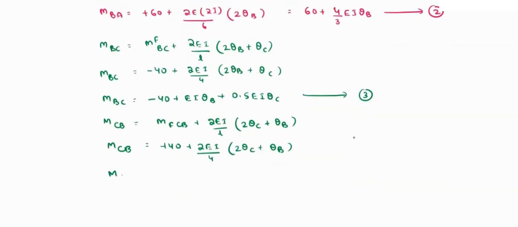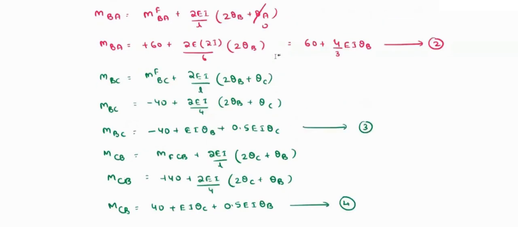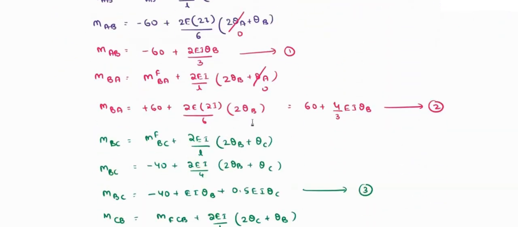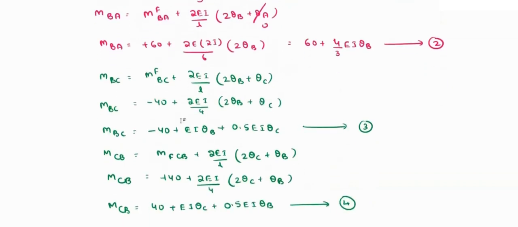Now your MCB will be equal to 40 plus EI into theta C plus 0.5 into EI into theta B. So this will be your equation 4. Now this is your step 3, that is slope deflection equations. These are the 4 equations you are going to get here.